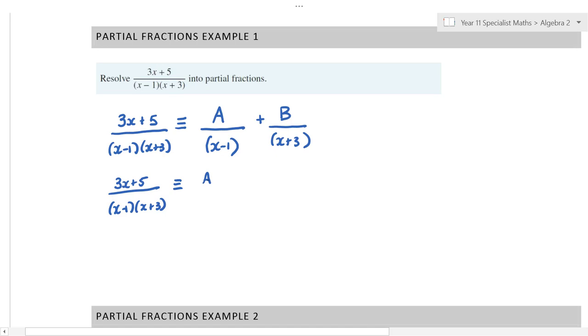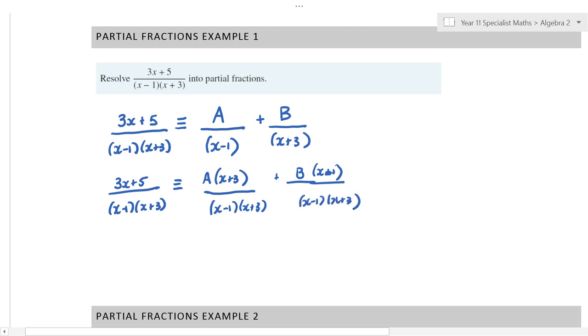Yes, x plus 3, good. Then we'll have that over x minus 1, x plus 3. And of course, B, we need to multiply that by x minus 1. And then we have a common denominator.